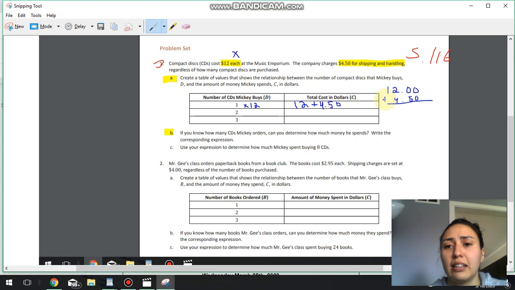Decimals are nice and lined up. So 0 plus 0 is 0. 0 plus 5 is 5. The decimal point comes straight down. 2 plus 4 is 6. And then carry down the 1. We don't have to add it to anything. That means our total for one CD is $16.50.